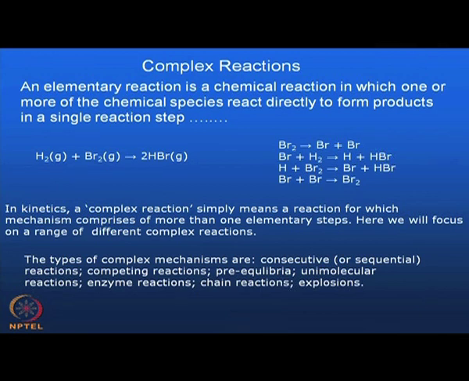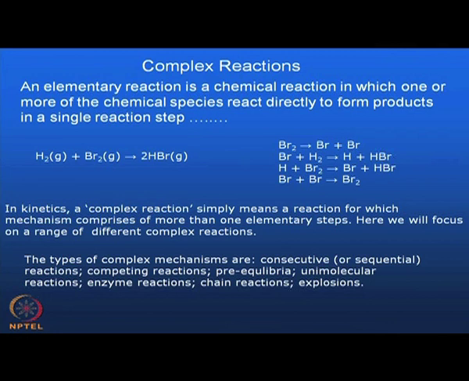Now, an elementary reaction is a chemical reaction in which one or more of the chemical species react directly to form products in a single reaction step. That is basically, a total chemical reaction may be subdivided into smaller chemical reactions.